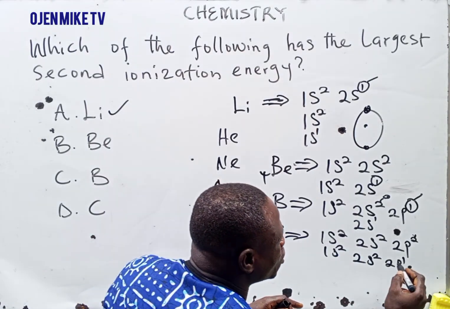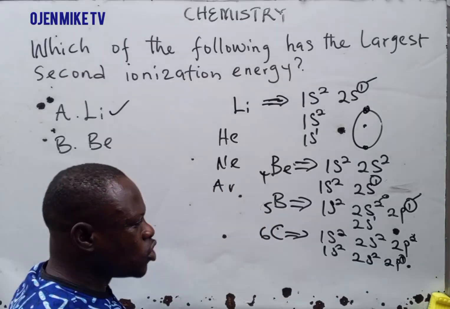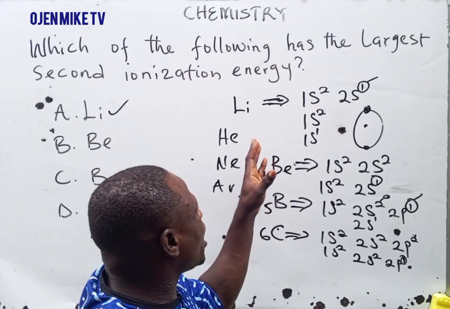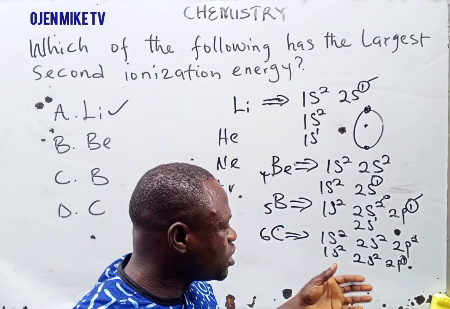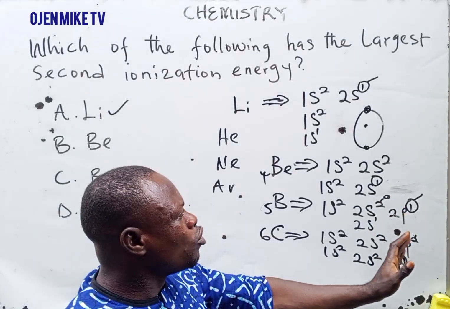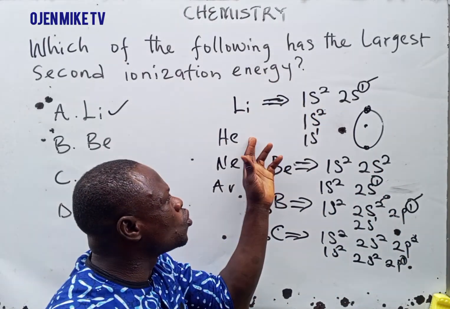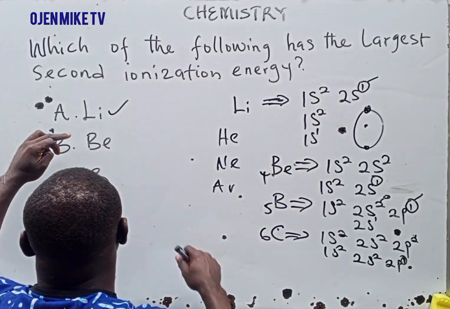The second ionization energy, you are now removing one of these p electrons. It does not involve the noble gas core, so the energy required will be less compared to lithium, which will break into the noble gas core. So our correct answer is lithium.